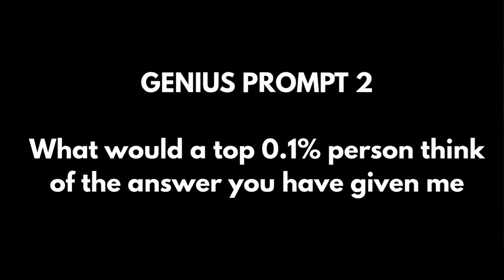The second one is, "What would a top 0.1% person in this field think of the output you've given?" This makes ChatGPT go back and look at what some of the gurus or top people in your field would say about the output that ChatGPT has given you.